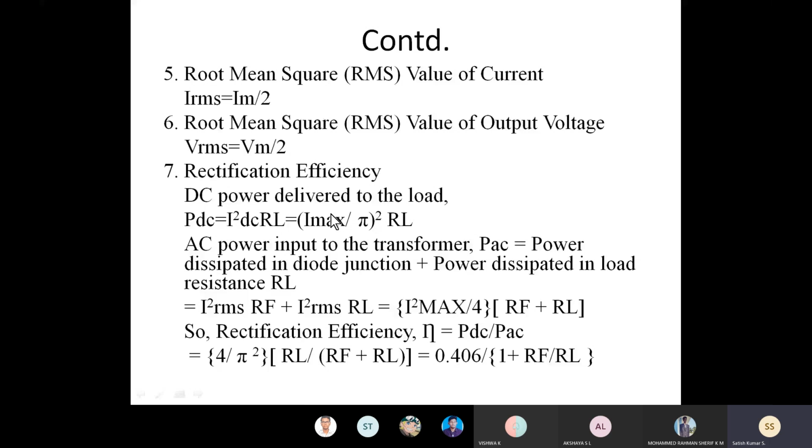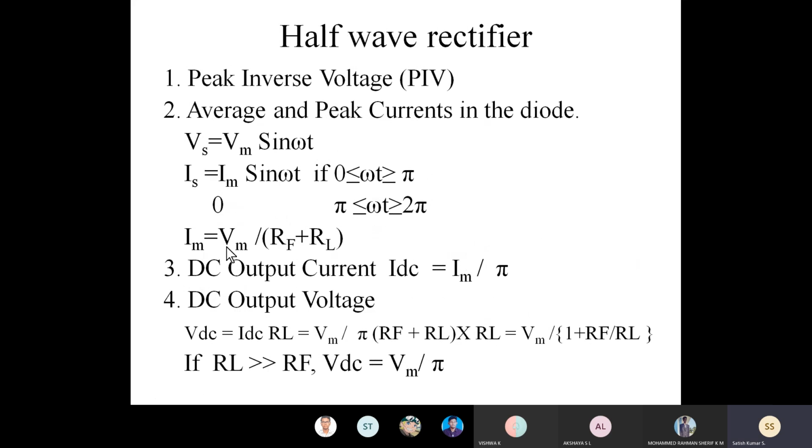The rectifier output is a DC one, so it is the square of the DC current into the resistance value. The output DC current we have calculated earlier. Output current IDC is equal to IM divided by pi.